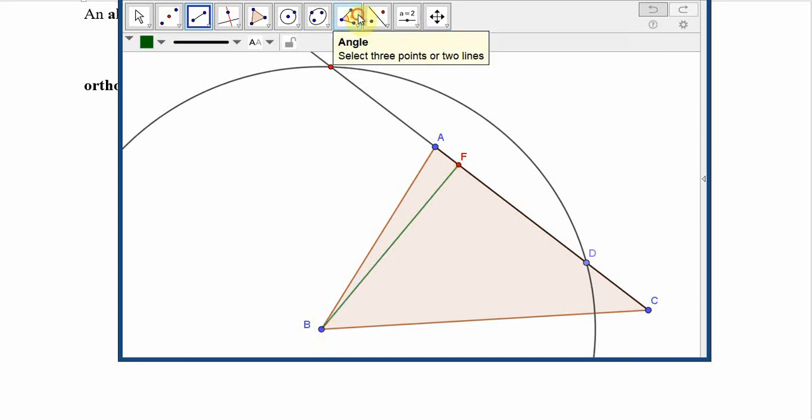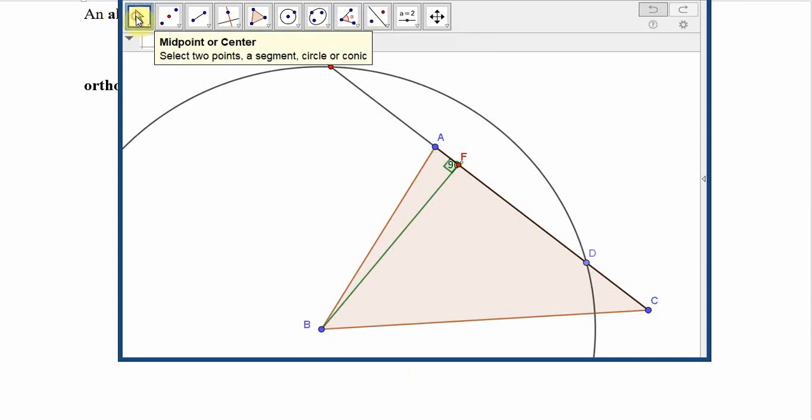Okay, and we can actually test this as well. If I make that angle, that angle tool just helps you to see that that actually is perpendicular to the line segment.